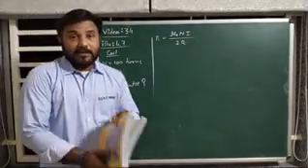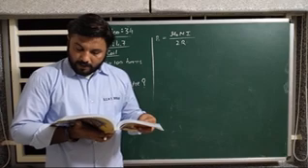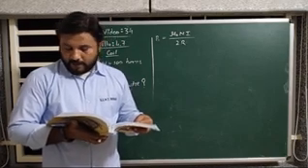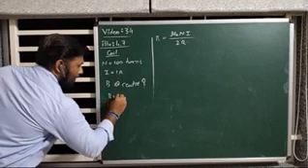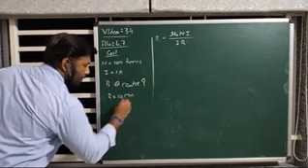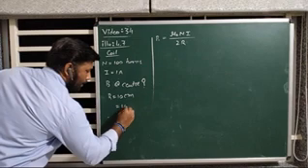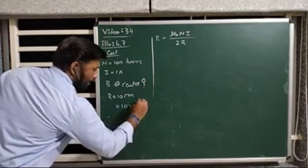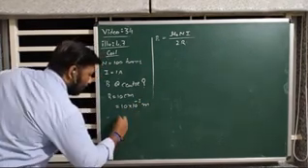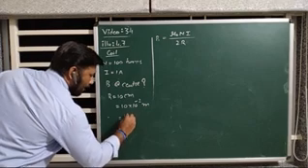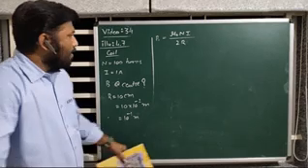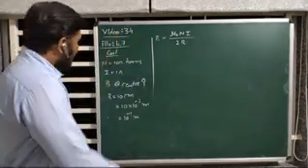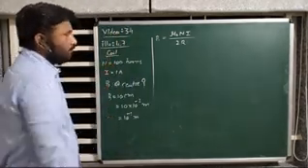R is the radius, and it is given: R is equal to 10 centimeter. Convert it into meter: 10 multiplied by 10 raised to minus 2 meter, which is nothing but 10 raised to minus 1 meter. See, very easy. Analysis is clear.